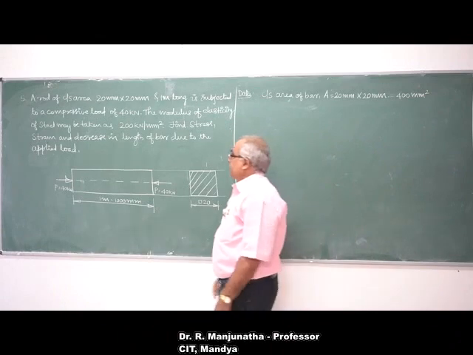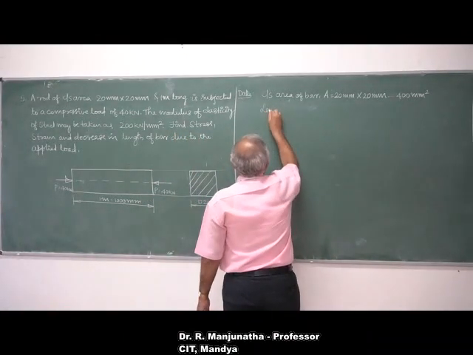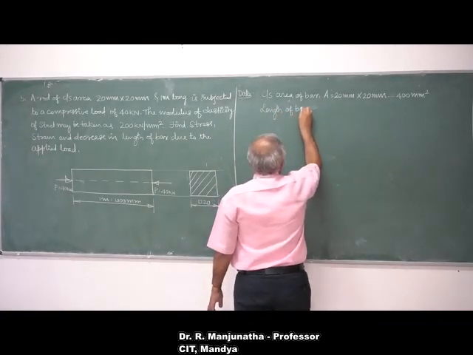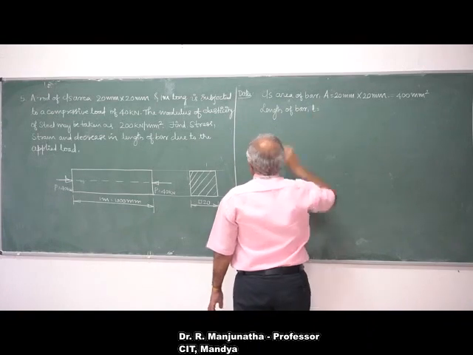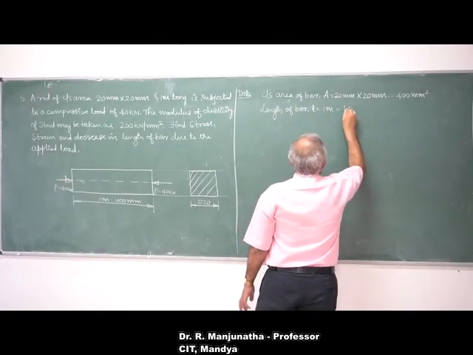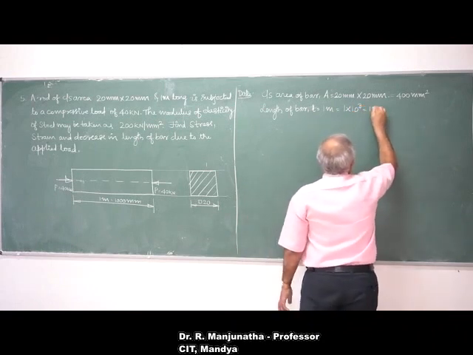Then we have length of the bar, small l, which is 1 meter long, equal to 1 into 10 to the power of 3, which is equal to 1000 mm.